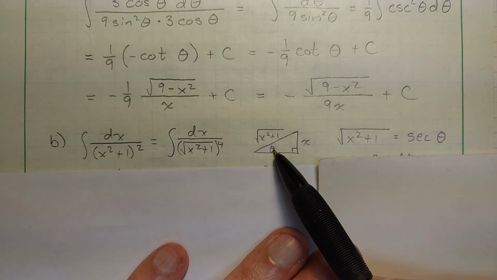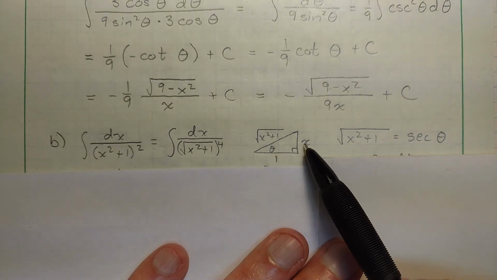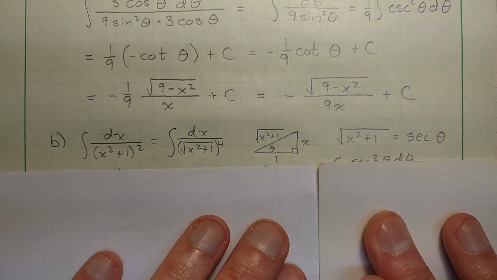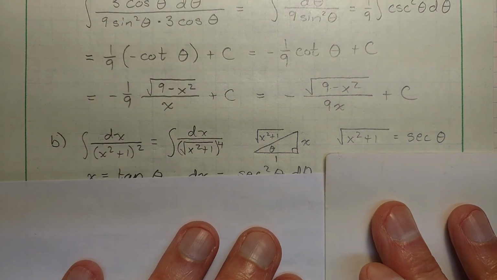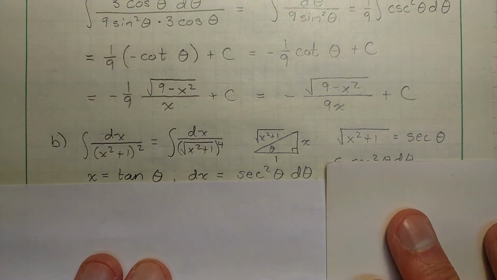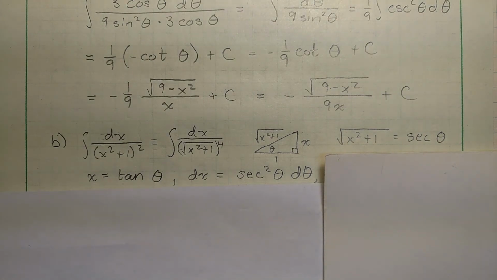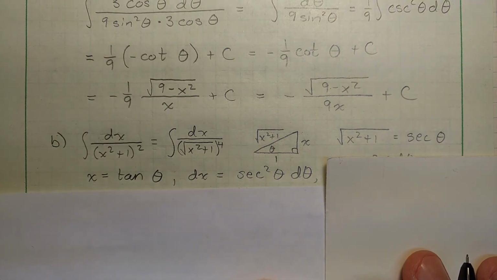And the tangent of theta is x over 1. So x is equal to the tangent of theta, which makes dx secant squared theta d theta.